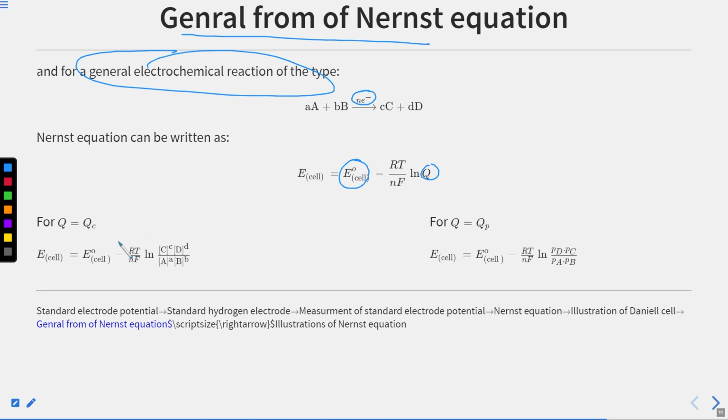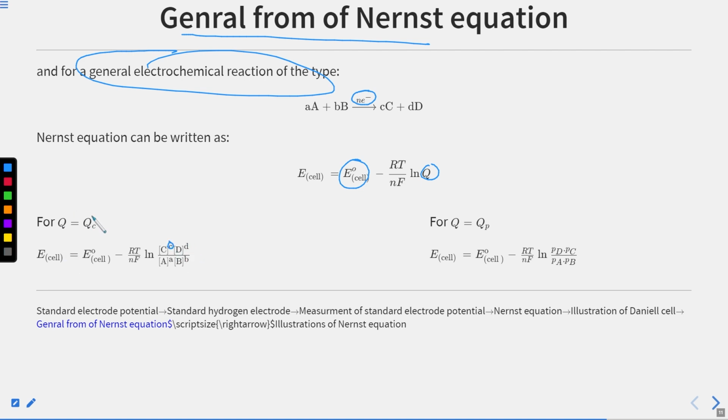If we are taking only liquids, then it will be in terms of concentration: the concentration of C multiplied by the concentration of D.